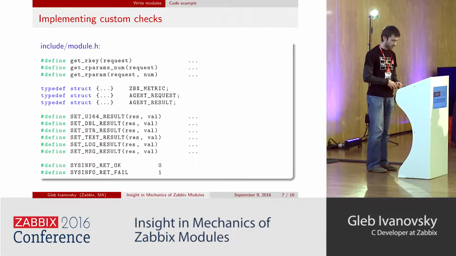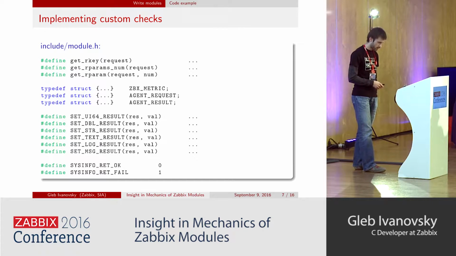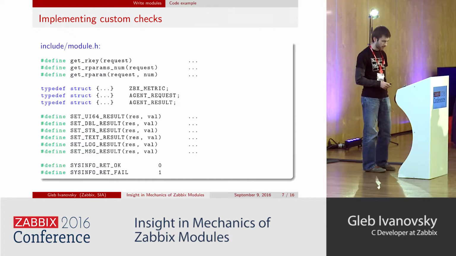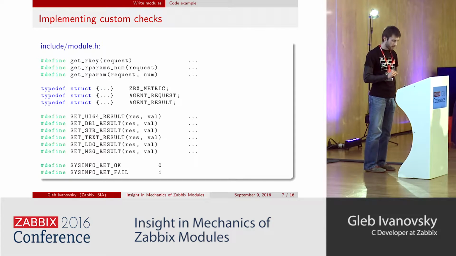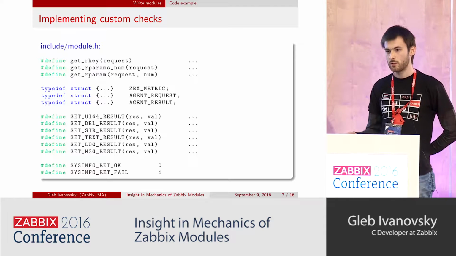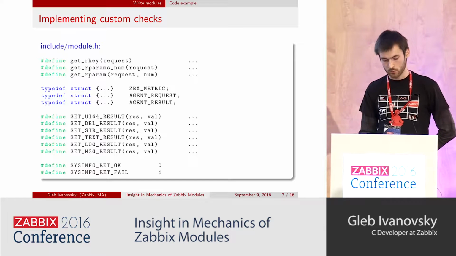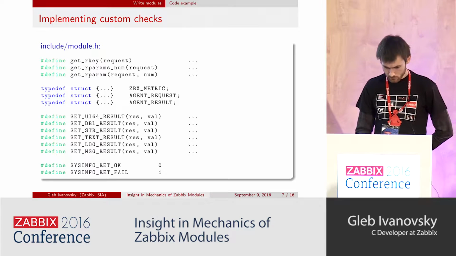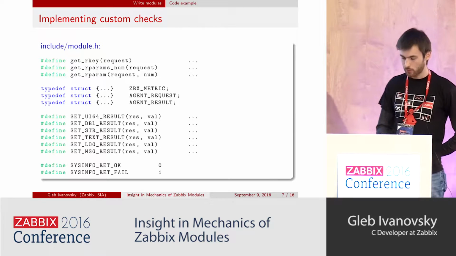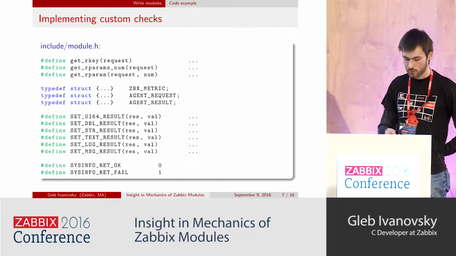Here are defines and all the machinery you need to implement custom checks. The ZBX_METRIC structure defines your custom items. AGENT_REQUEST and AGENT_RESULT are used to pass some information to your module and back to Zabbix, and the SET_*_RESULT helper defines set the actual different types of the result.